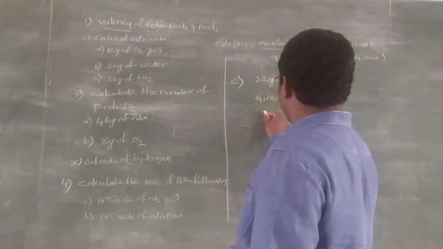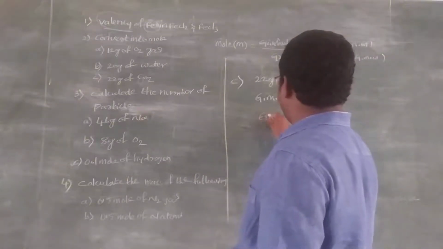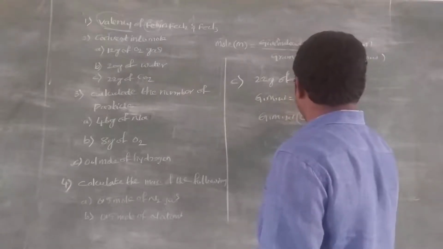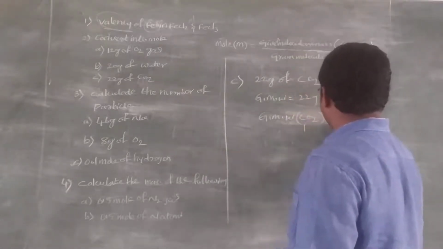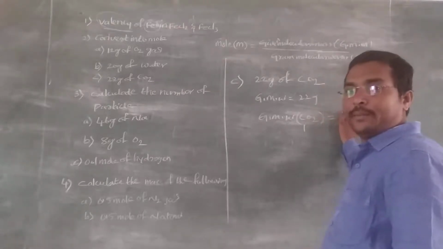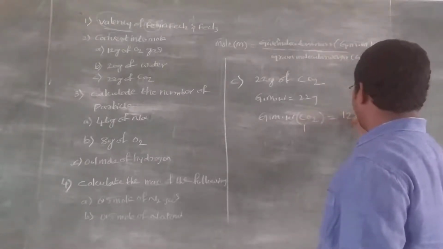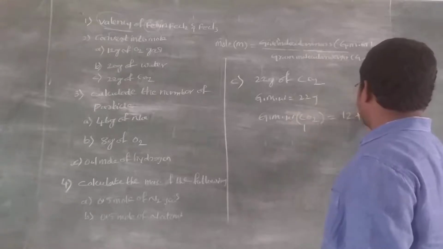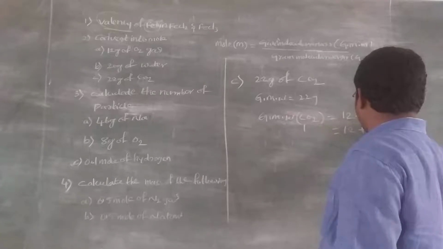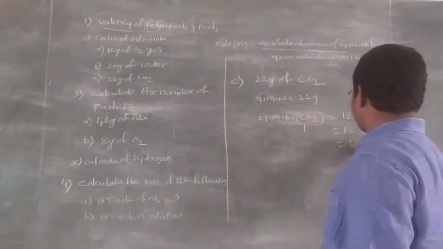Next, gram molecular weight of carbon dioxide. Number of carbon is 1, atomic mass of carbon 12. So 12 plus oxygen 16 into 2, 12 plus 32, so 44.